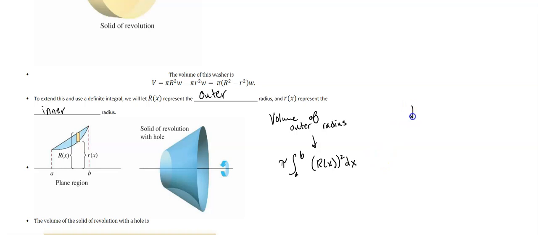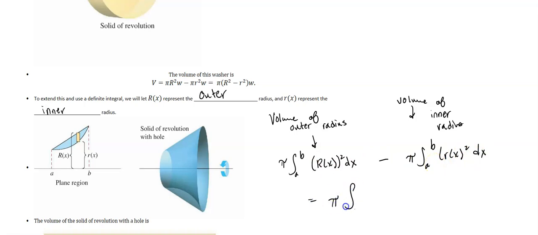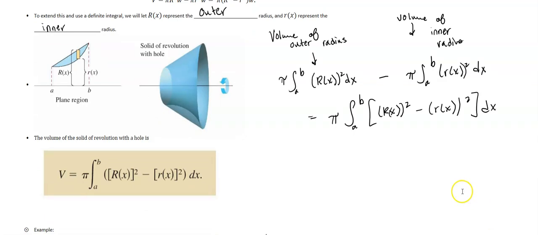And for the inner radius volume, we would be subtracting pi times the integral from a to b of little r of x squared dx. This is just two integrals that are subtracted, so we can combine that into a single integral with R of x squared minus little r of x squared, all with respect to x. So that is the washer method.